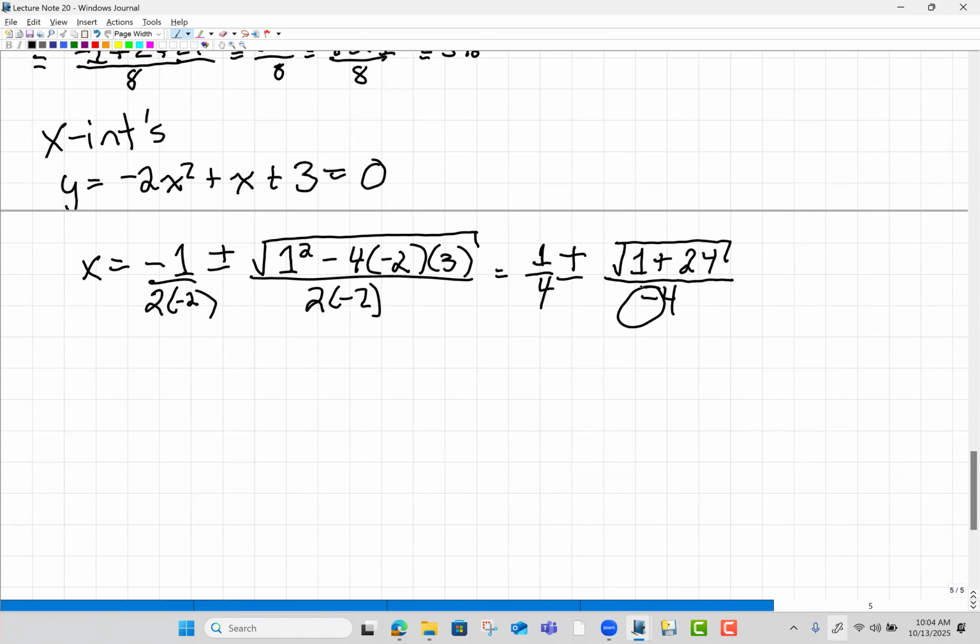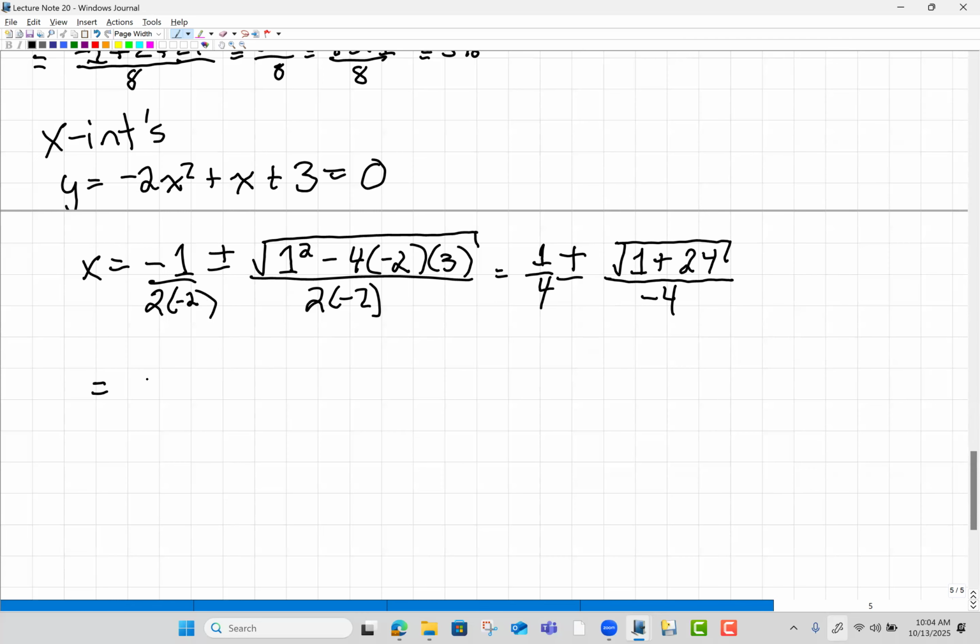Now, this minus sign, you're going to see that we can throw it away. Why? Because plus or minus could have just as easily been written minus plus. These are two separate equations, and their order does not matter. We just want the two answers.